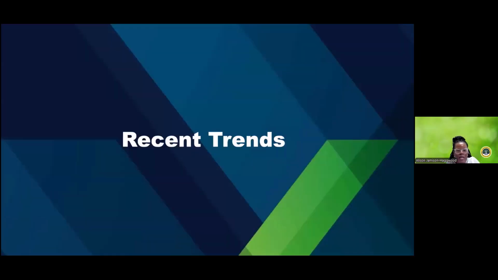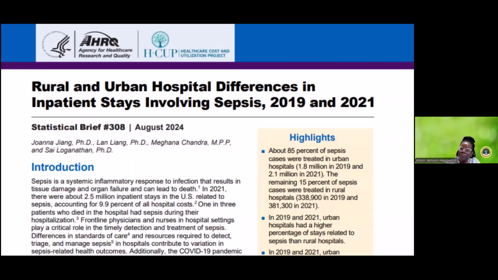So now we're going to look at just a couple recent trends with sepsis. This first article here, well, it's a statistical brief from the Agency for Healthcare Research and Quality and the HCUP, or Healthcare Cost and Utilization Project.